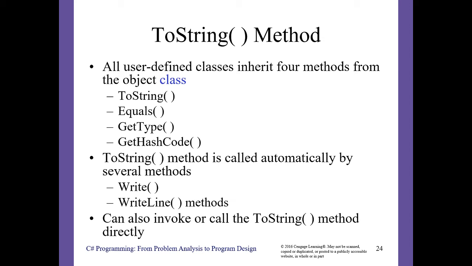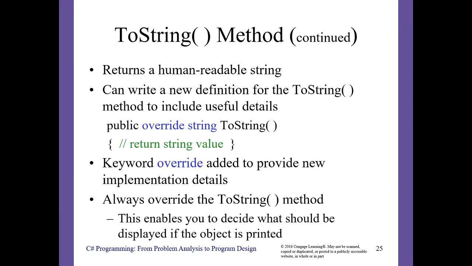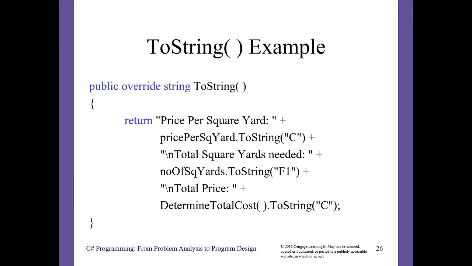So for example, the toString method is called for a class automatically if someone issues a write or write line method on that class instance. And we can override that toString method to have it output information that's meaningful for our class. I'll show you how to do that with our animal class.